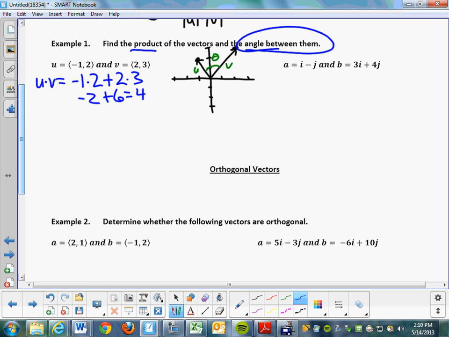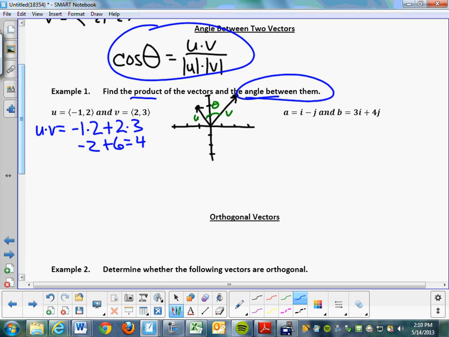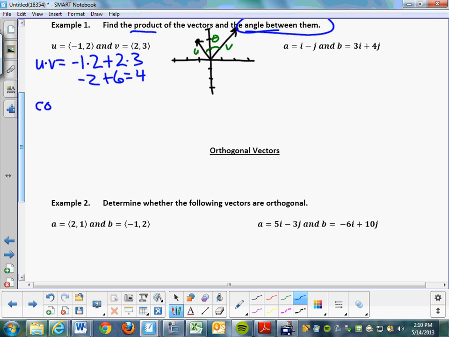Okay, if we want to find the angle formed between those two vectors, all we do is set up the formula that we were given from above. So I've got cosine of theta is equal to, we already know U times V, it's 4, divided by the magnitude of U times the magnitude of V.